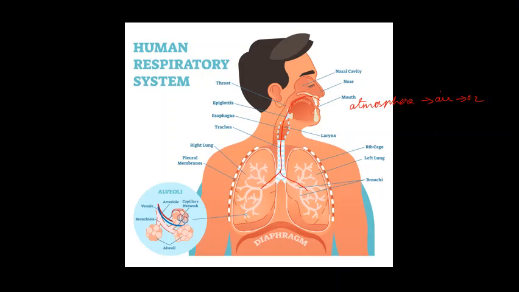And here exchange of gases takes place and carbon dioxide comes out during exhalation. So one inhalation and exhalation makes one breath. So breathing is a physical process. This is how, during inhalation, an organism obtains oxygen.